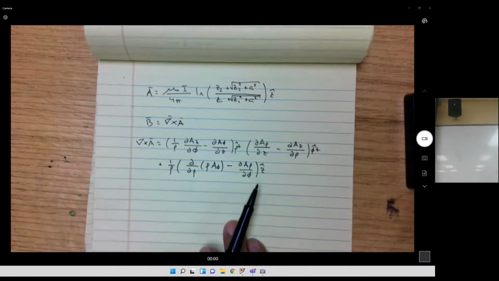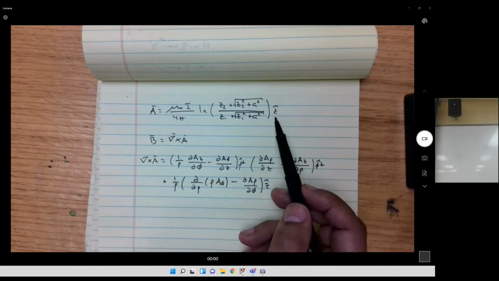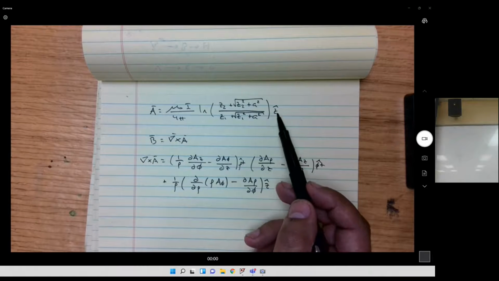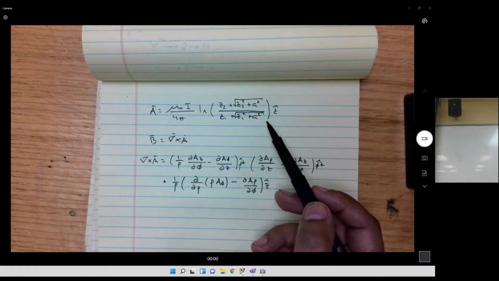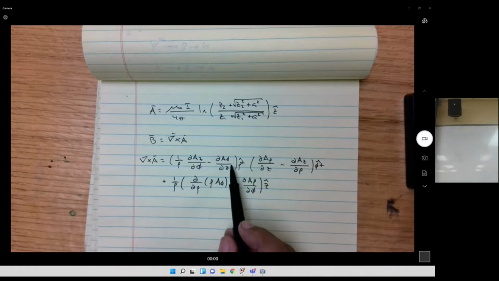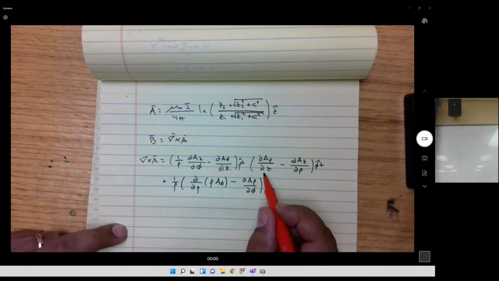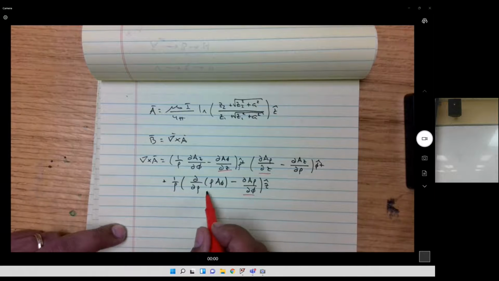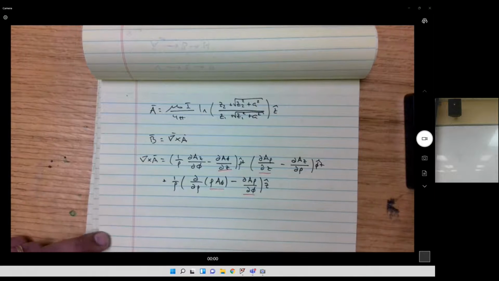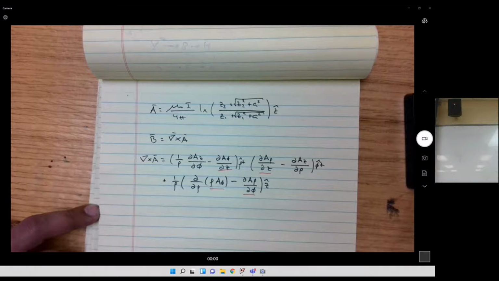Okay, so I have here my magnetic vector potential, and it only has components in the z direction. I don't have any components in phi or rho. So these terms, this one and this one, are going to be zero just because I don't have that A component.